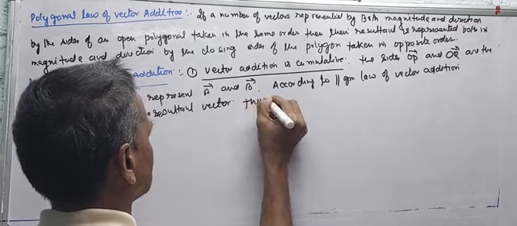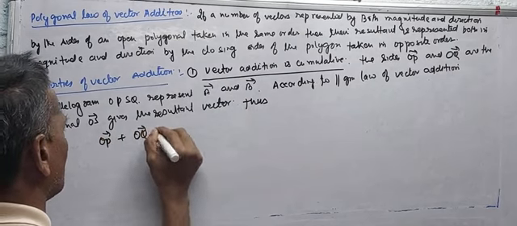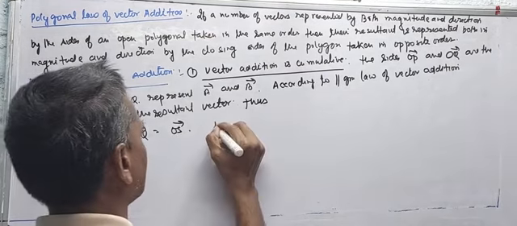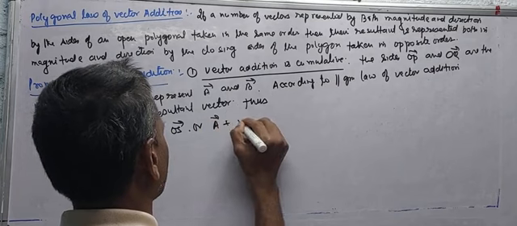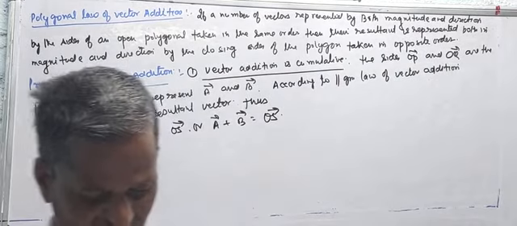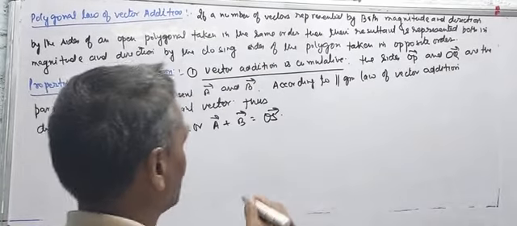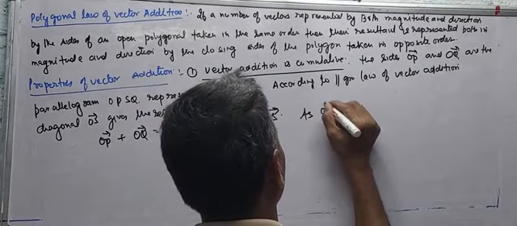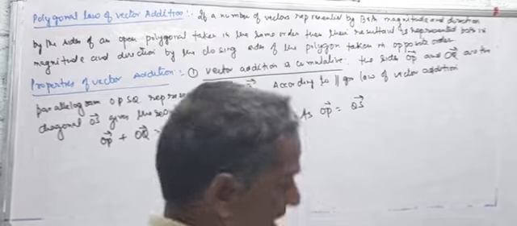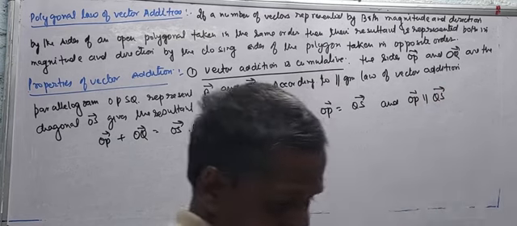Thus, OP vector plus OQ vector equal OS vector, or A vector plus B vector equal to OS vector, as OP vector equal to QS vector and OP parallel to QS.